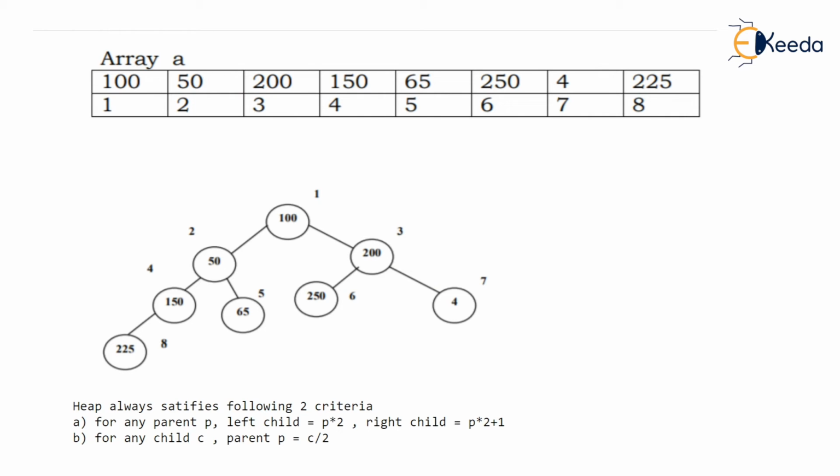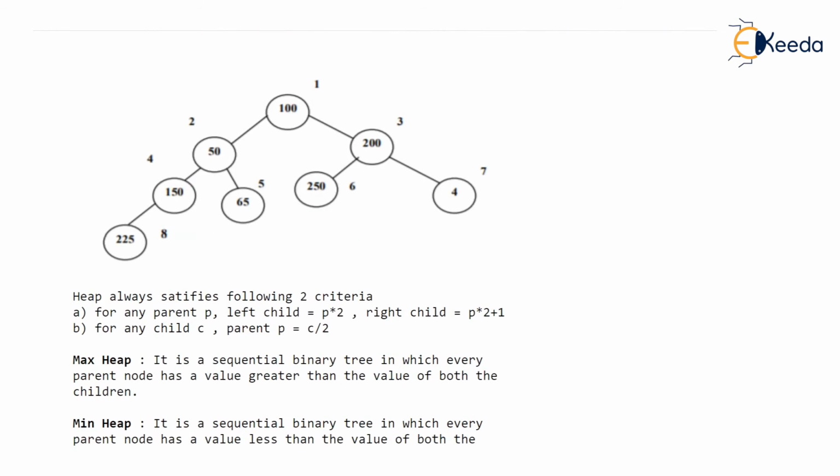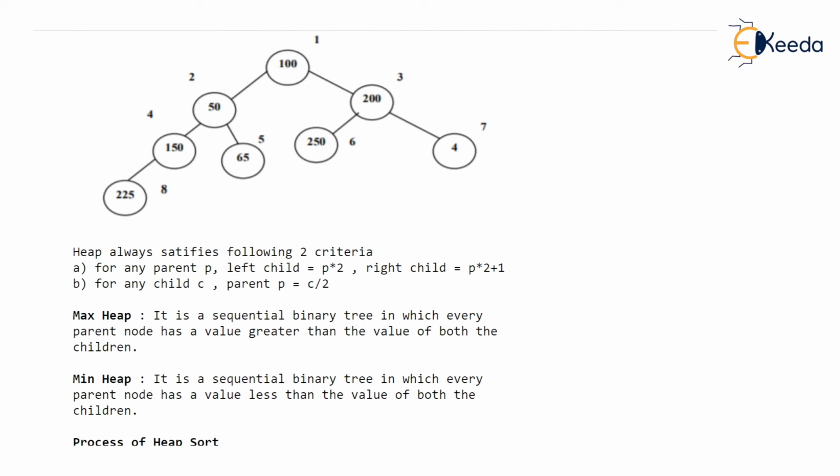Now there are two types of heap. Let's see. Once we have understood what is heap and what are its properties, there are two types of heap. First type of heap is known as max heap. As the name suggests, in the max heap, every parent node must have a value greater than all its children. So whatever you store here in the parent must be greater than left child and right child both.